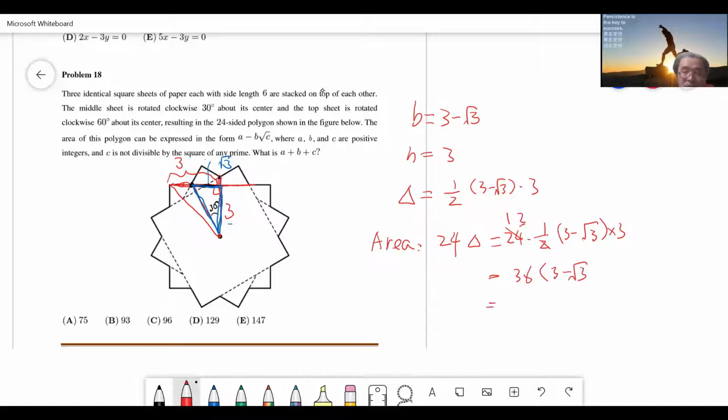So which equals, distributing, 108 minus 36 square root 3. We need to solve a plus b plus c. a plus b plus c equals 108 plus 36 plus 3, which equals 147. Check options, E is correct.